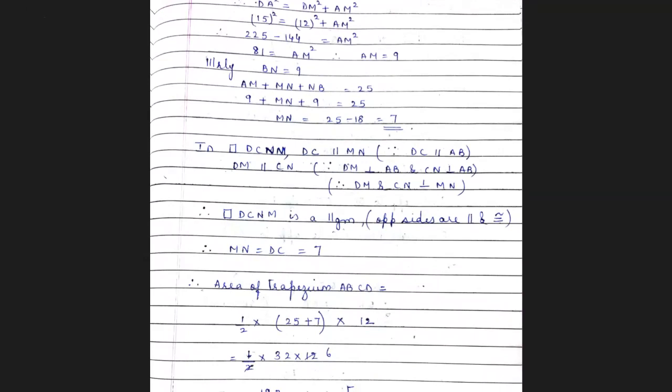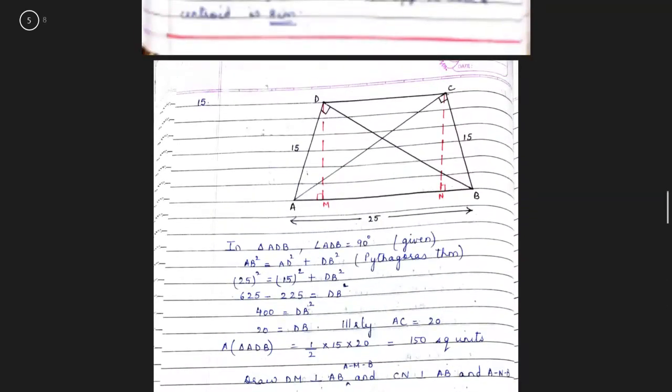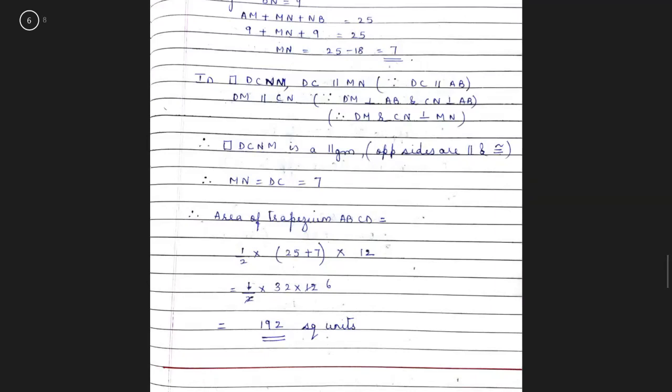Now in quadrilateral DCNM, I have got MN as 7. You are given DC is parallel to AB. It's a trapezium, right? So DC is parallel to AB.